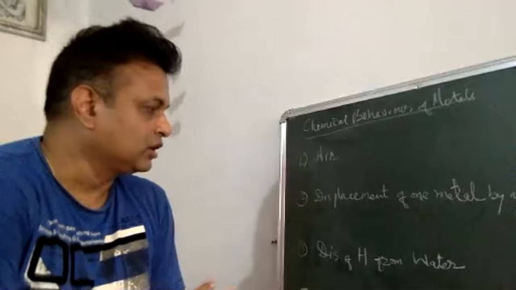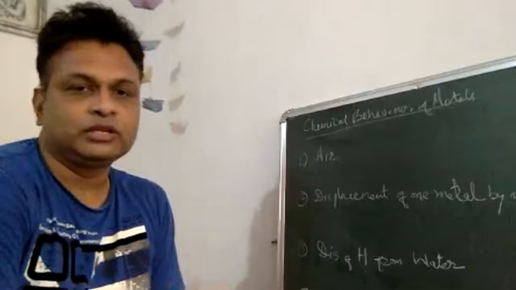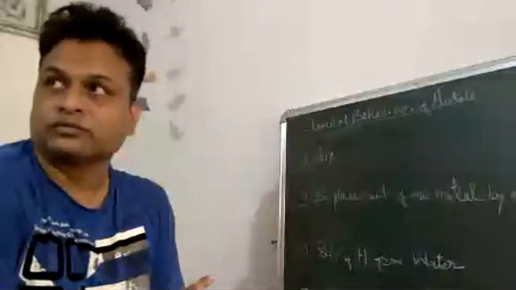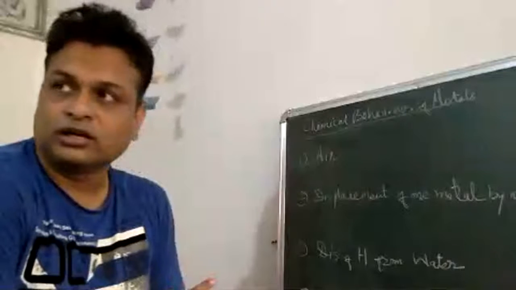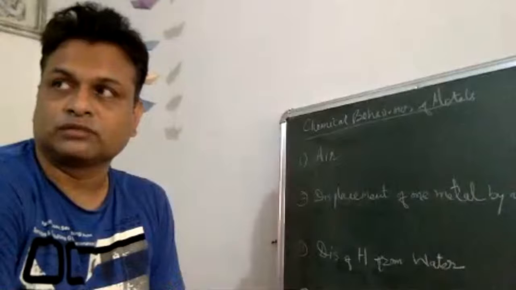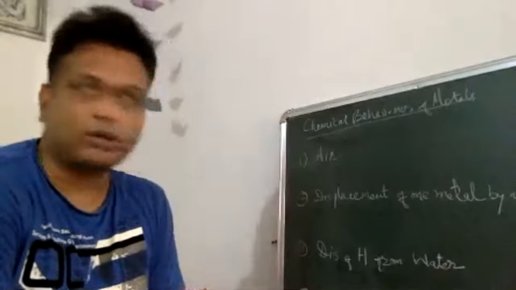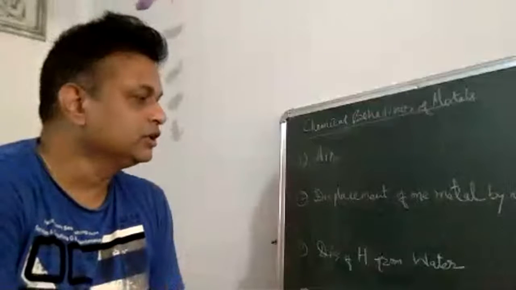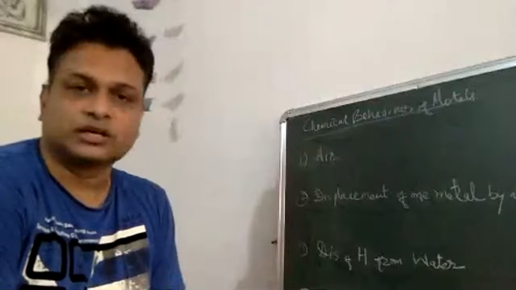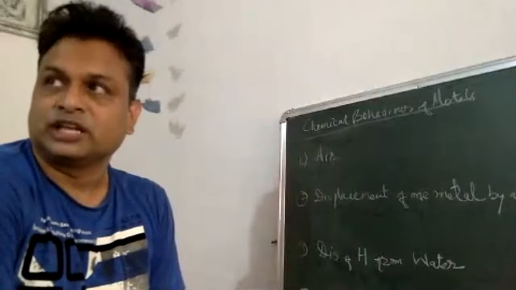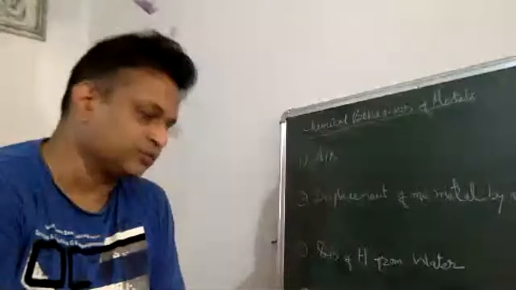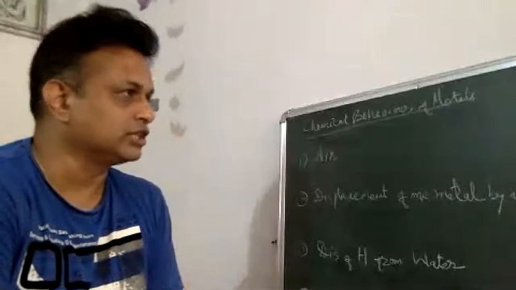And the two more will be the displacement of hydrogen from water, and in the fourth we'll discuss displacement of hydrogen from acid, like sulfuric acid, HCl, hydrochloric acid, and so on.